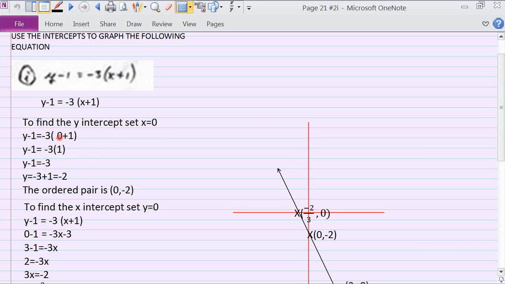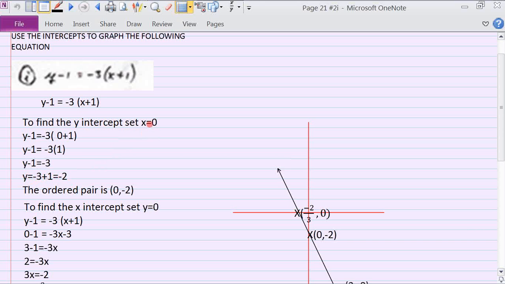Because I'm replacing the x with a 0, minus 3 times 1 is minus 3. So I get y minus 1 is equal to minus 3. And if I transpose this over to the other side, I get plus 1. y is equal to minus 2.